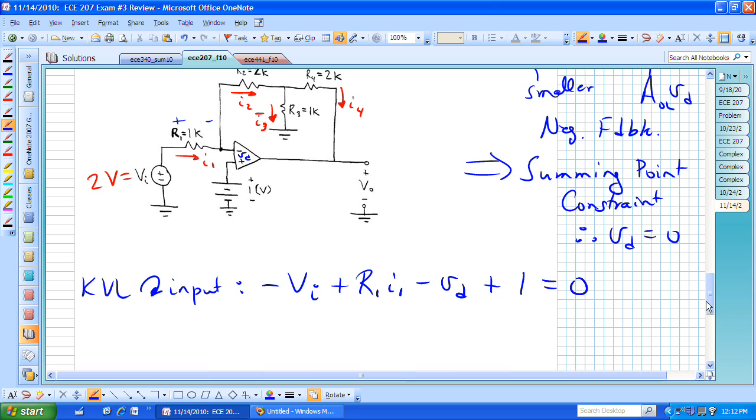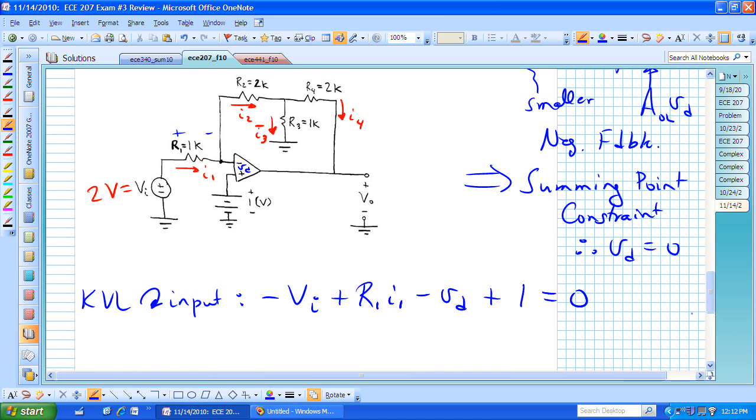We've been given a few pieces of information. We know V sub I was 2. R sub 1 is 1,000. I sub 1 we don't yet know. V sub D, by the summing point constraint, is 0. And we have plus 1 equal to 0.